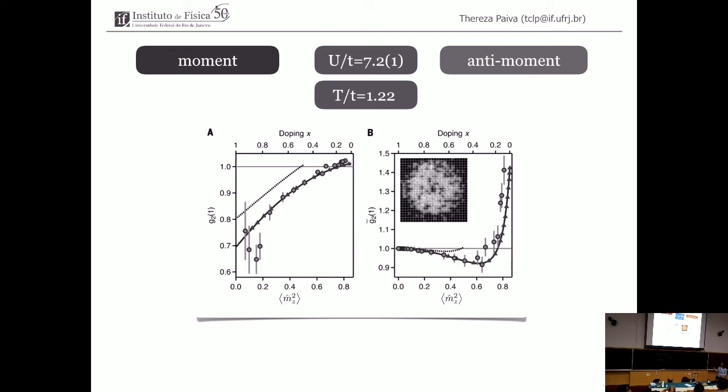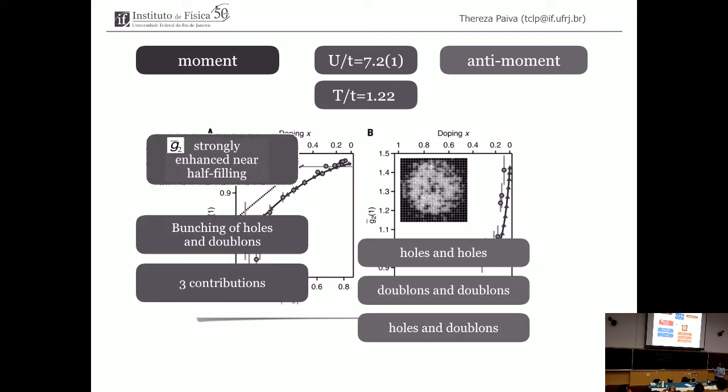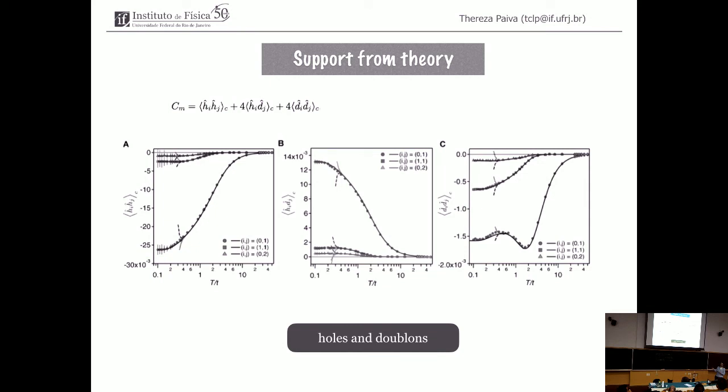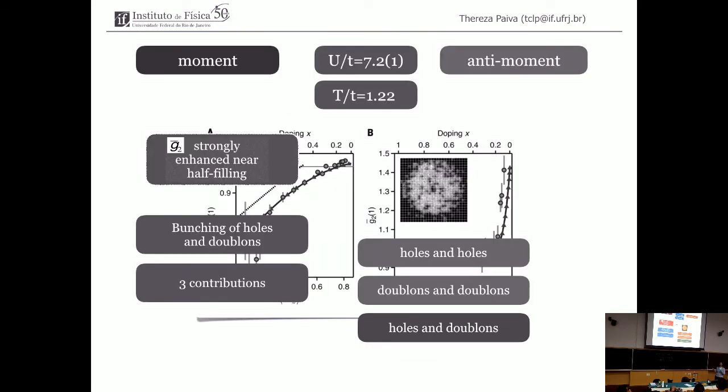As we increase the local moment, they simply increase, but the anti-moment has a minimum, and then they shoot up. And this could be due to doublon-doublon, holon-holon, or holon-doublon. The experiments are not able to tell the difference, but theory can, because we can do the calculation separately, and they are actually holon-doublon. So we do see that this bunching is due to holons and doublons being neighboring each other.